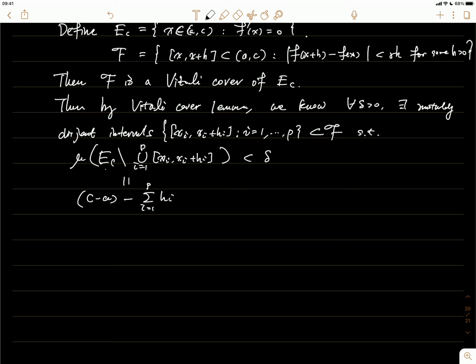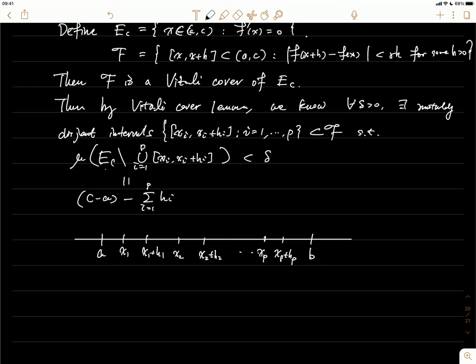Let's just draw the picture, maybe easier. Okay, so this is A, this is B, and I have this x1 plus h1, then x2 plus h2, all the way to the last one, which is xp plus hp, also x_p here.